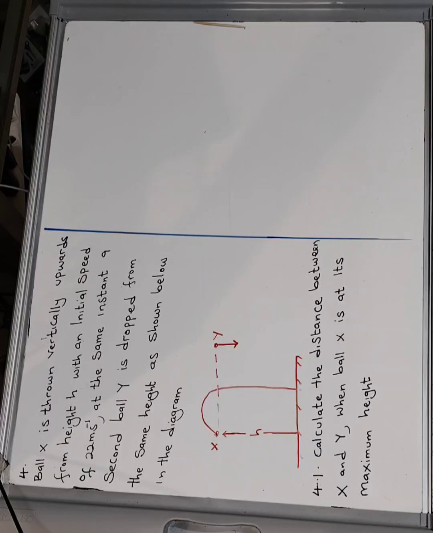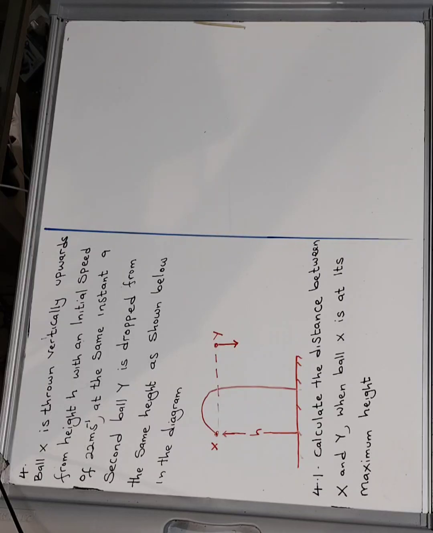At the same instant, a second ball Y is dropped from the same height as shown below in the diagram. Okay, 4.1. Calculate the distance between X and Y when ball X is at its maximum height.